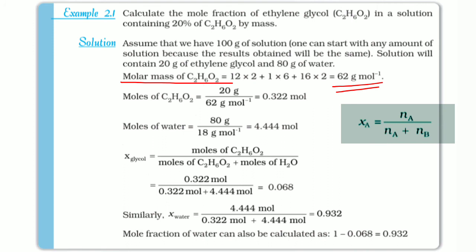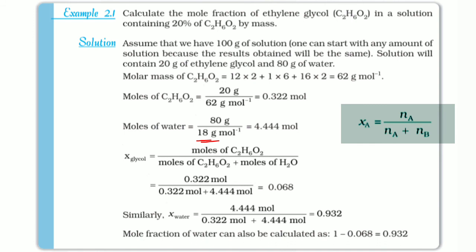So the molar mass of ethylene glycol is 62 gram for 1 mole, and similarly for water it is 18 gram for 1 mole.